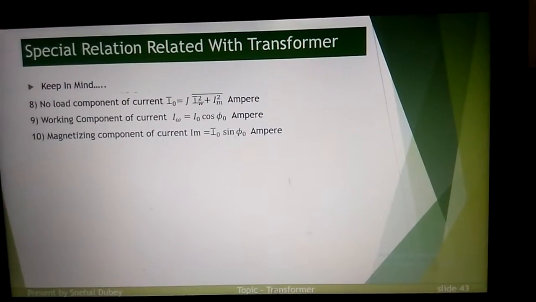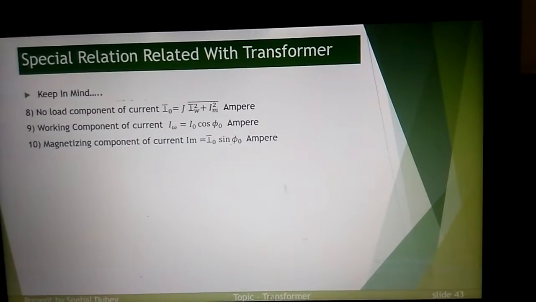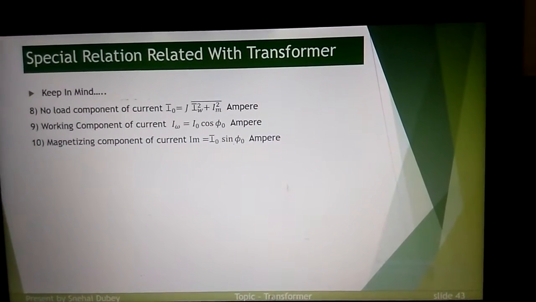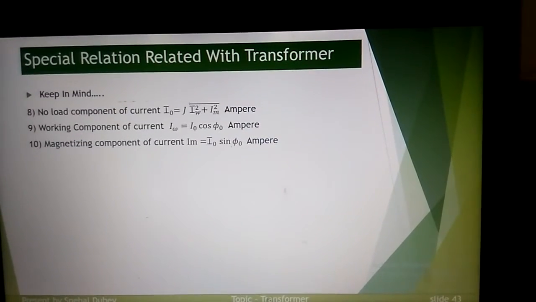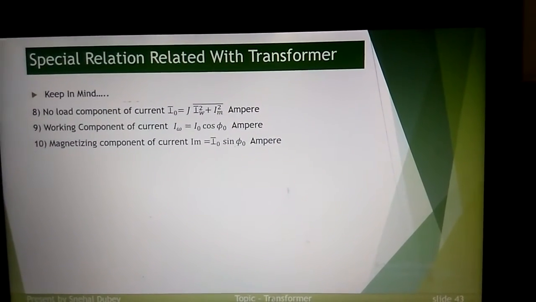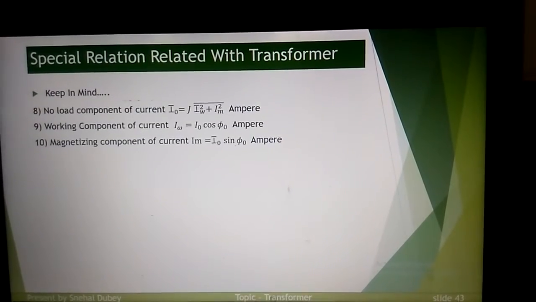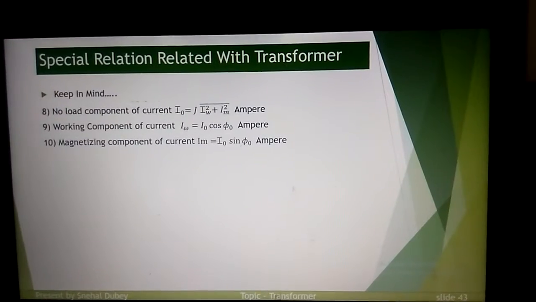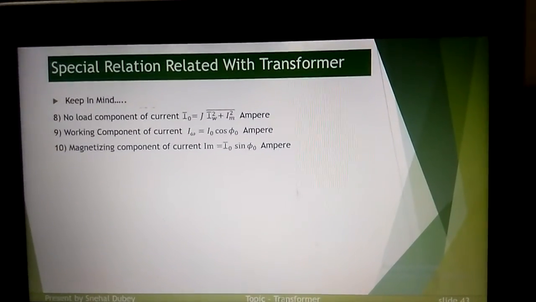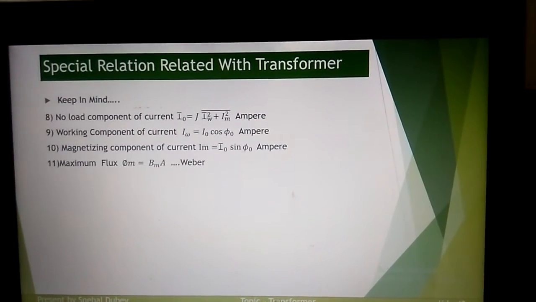In my previous video on no load condition of transformer, I have already taught you about this. Next, the working component of current IW is equal to I0 into cos phi 0. Unit will be ampere. Magnetizing component of current IM is equal to I0 into sin phi 0.